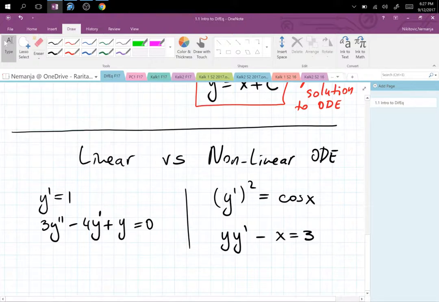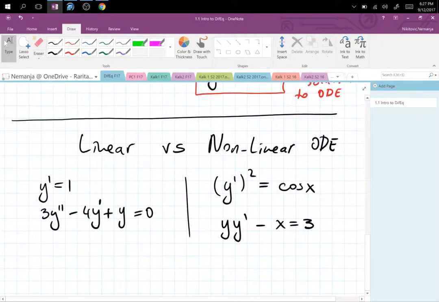And here are the nonlinear elements. So this is nonlinear because of the square. This is nonlinear because these guys are multiplied. I make this one linear as soon as I put plus or minus in between them. It becomes linear immediately. So as long as each of the individual terms of the differential equation has just y prime, just y double prime, just y, not embedded in any of the transcendental functions or so on, the equation is linear.